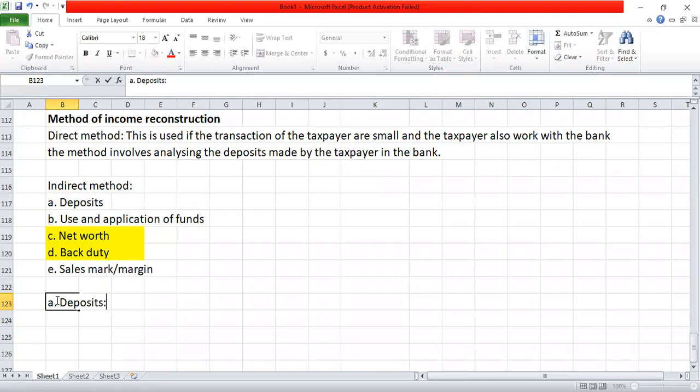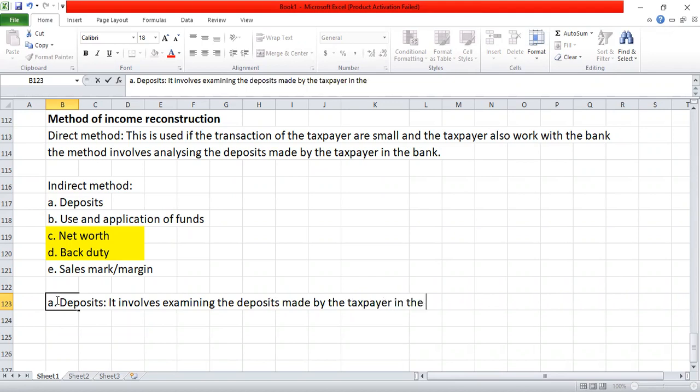It involves assessing or examining the deposits made by the taxpayer in the bank. That is all you do for that. You only analyze the deposits a taxpayer has made in the bank.